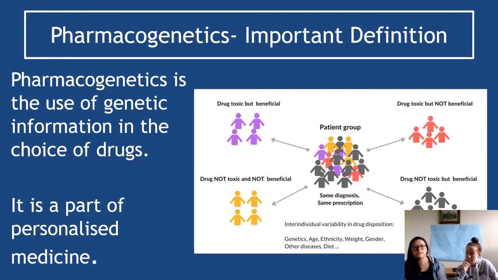And the aim is to give the right drug to the right person at the right dose with minimum side effects possible. Those are the aspects of pharmacogenetics, and again, it's an aspirational target that all medical care should be looking for, to help reduce harm and increase efficacy.